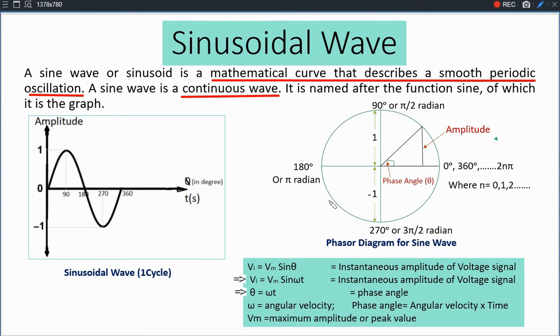Now here you can see that this is a circle, and in the circle the x-axis is from the center of the circle to the left side, and it is the x-axis, which is the basic line.